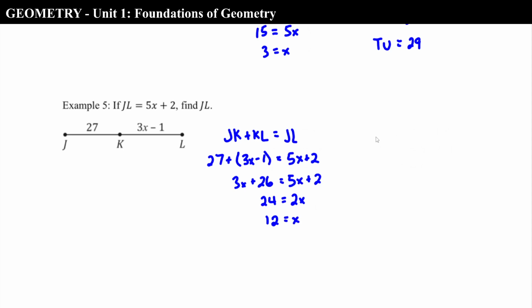Now that we know what x is, we can find JL. JL is 5x plus 2. X is 12, so I'm going to substitute that in. 5 times 12 is 60. Add another 2, and you get JL equals 62.